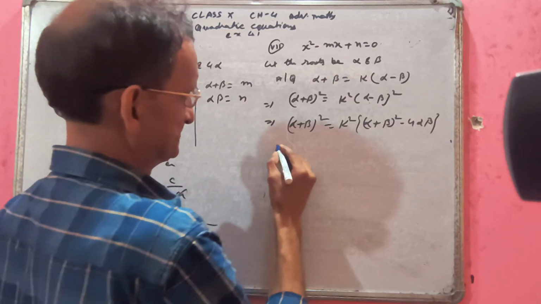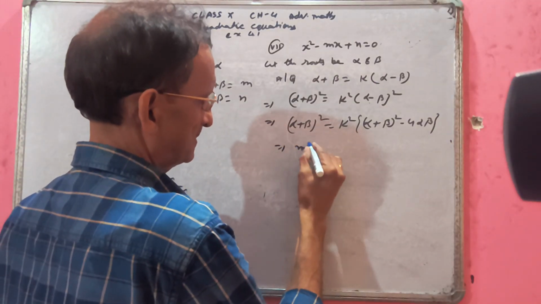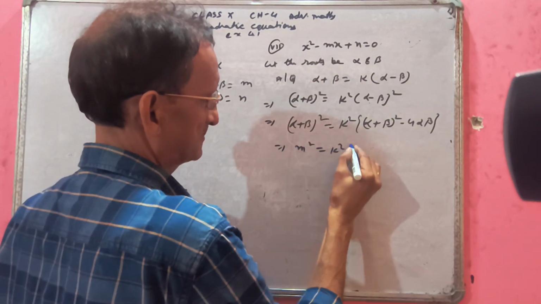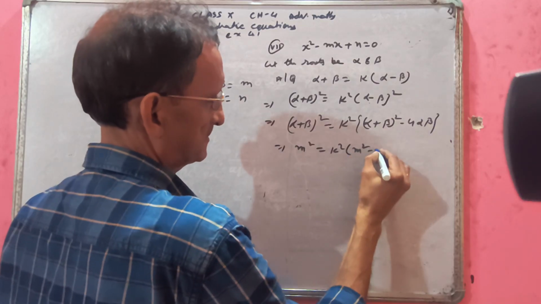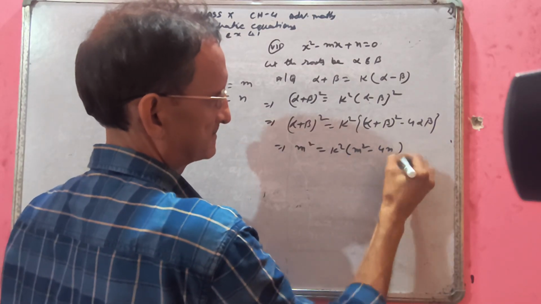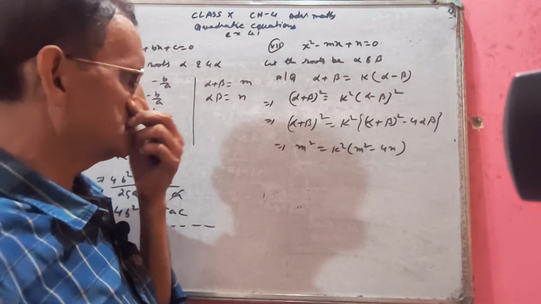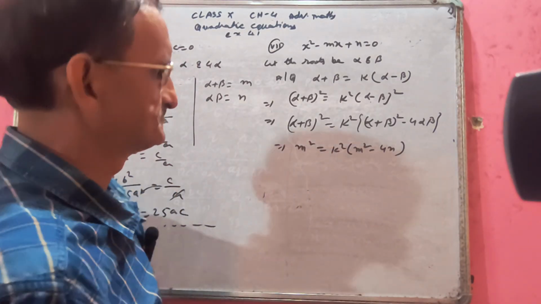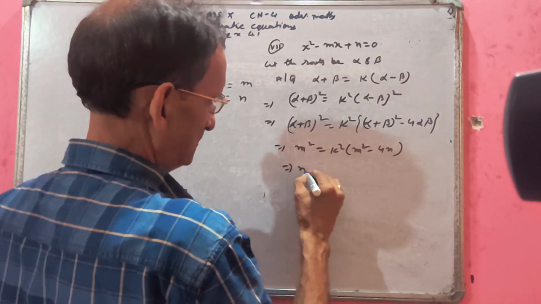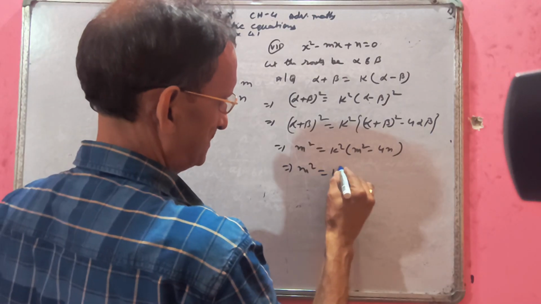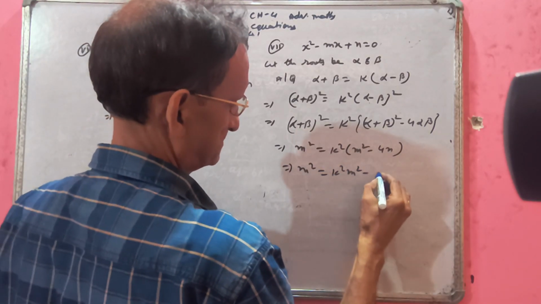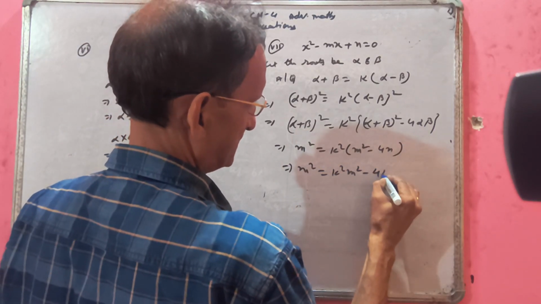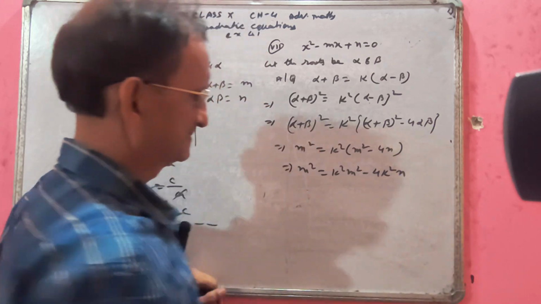Very simple. So what is here? m square is equal to k square into m square minus 4 into n. Alpha into beta equal to n. That's all, which is the required condition. Or you can solve it further. You will get m square equal to k square m square minus 4k square n.